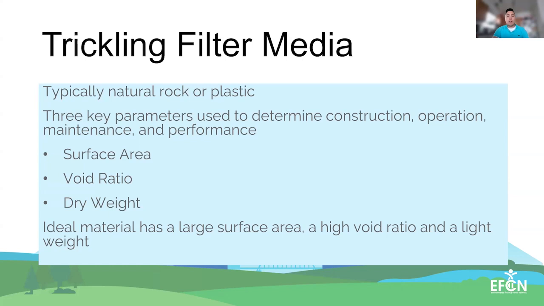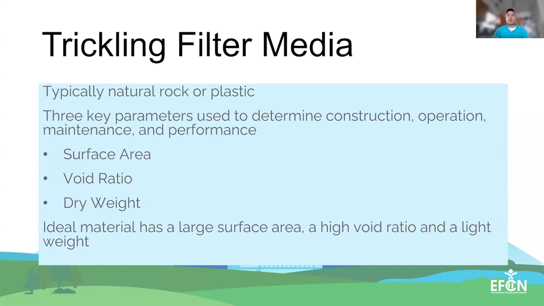This is going to be our surface area, which is the measure of the area available for microorganisms to grow. Typically, the greater surface area will have the most potential for microorganisms to grow and has therefore the most treatment capacity. You can create more surface area by increasing the complexity of the different shapes that are used in the media. Then there's also the void ratio.